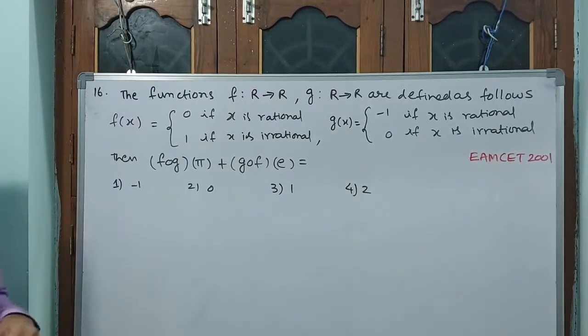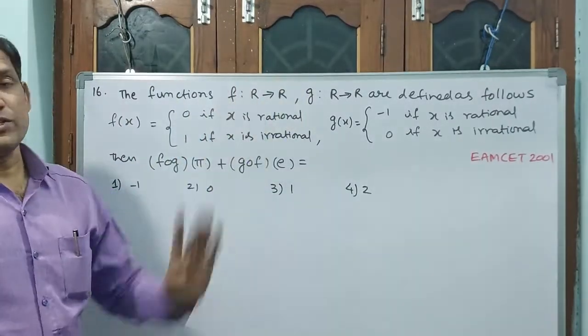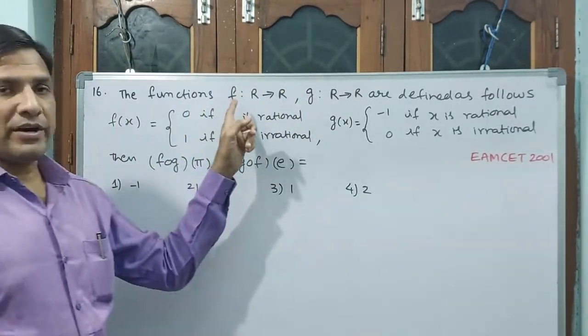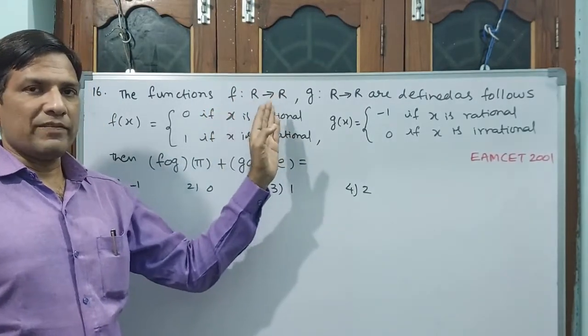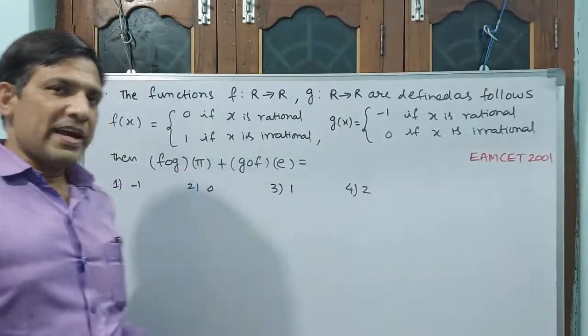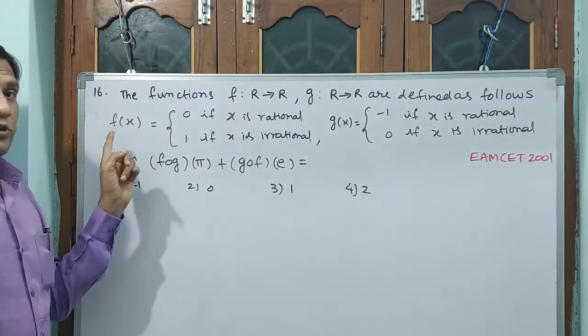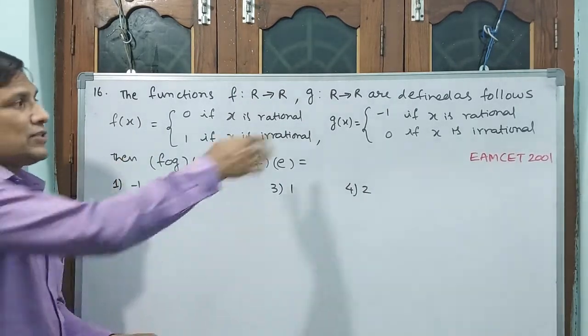Question number 16, what they have given. Two functions are there, f is one function, g is another function. Both functions are defined from the set of real numbers to the set of real numbers, both domain and codomain. Observe carefully: function f of x is different, function g of x is different.